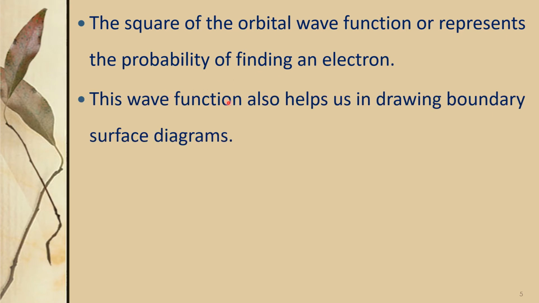This wave function also helps us in drawing boundary surface diagrams. I told you, around the nucleus exactly where it is available, where it spends maximum time. So you go for the electron cloud or electron dots, then go for the imaginary line. Those imaginary boundaries or lines will give you the shape of atomic orbitals, and that is today's topic of discussion.